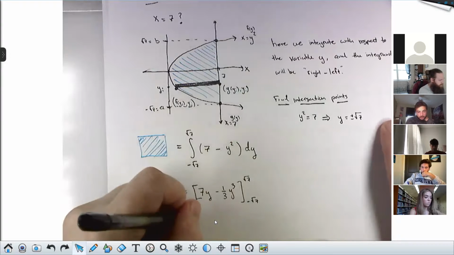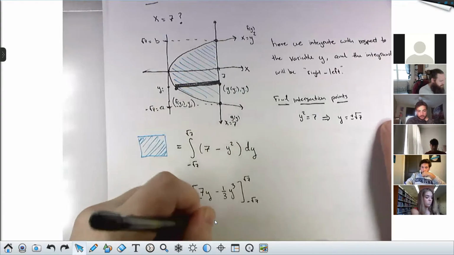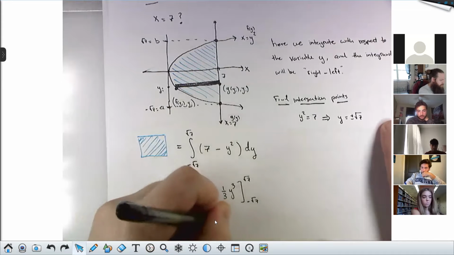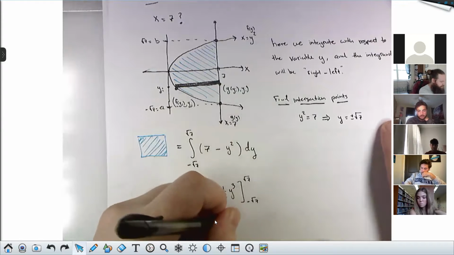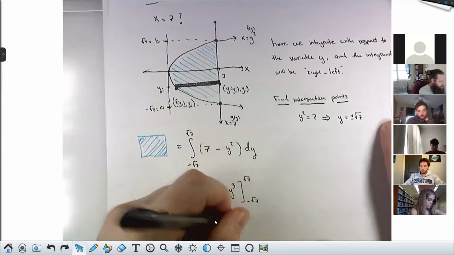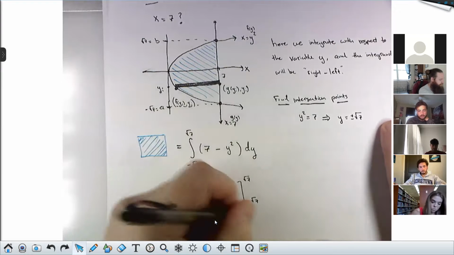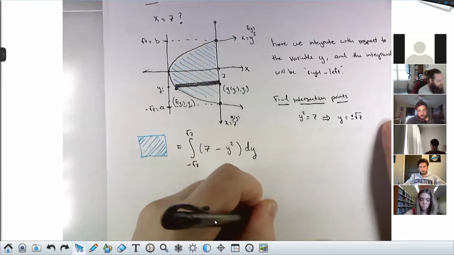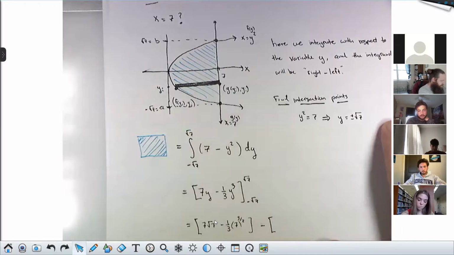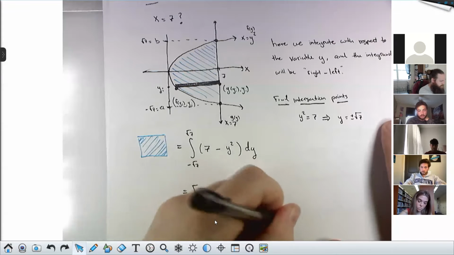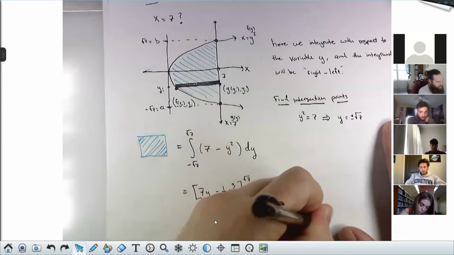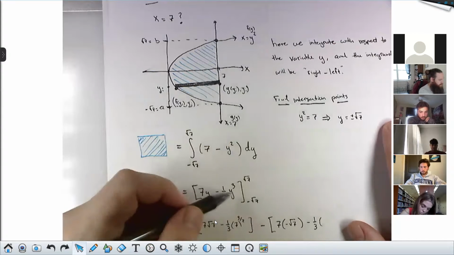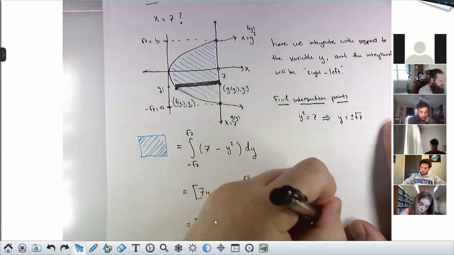And then when I plug in here, I get 7 square root of 7 minus 1/3 times square root of 7 cubed, which is 7 to the 3/2. And when I plug in the negative square root of 7, you get 7 times negative square root of 7 minus 1/3 times, that would be negative 7 to the 3/2.